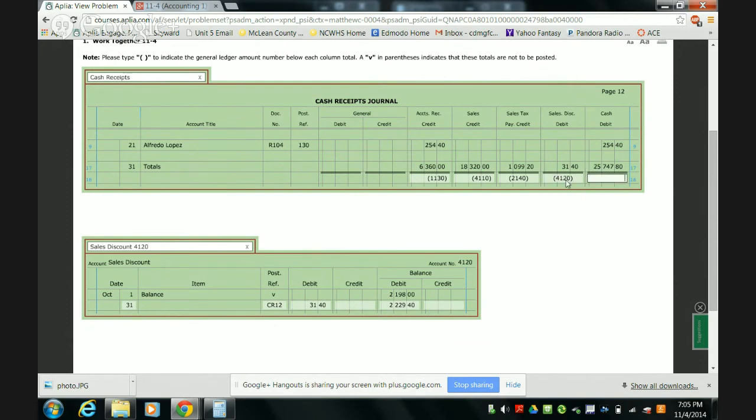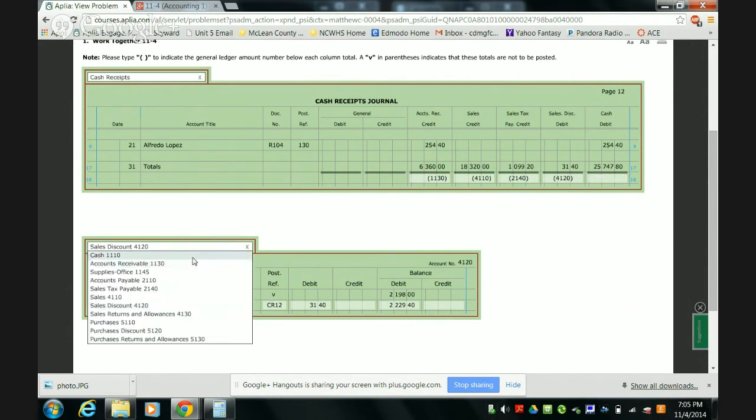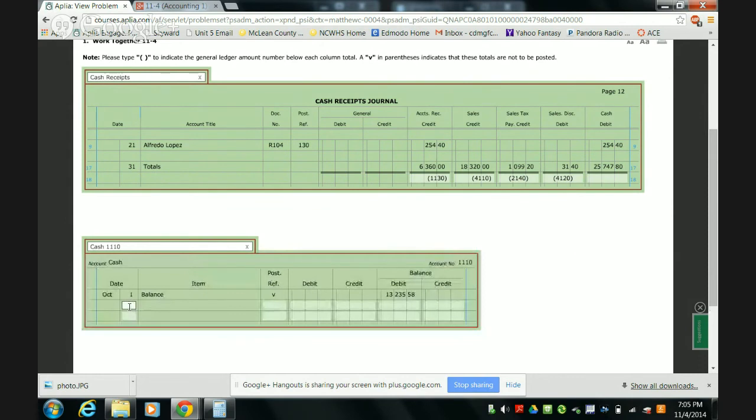And finally, I've got my cash debit. So I go find cash. CR. I've got a cash debit of $25,747.80.